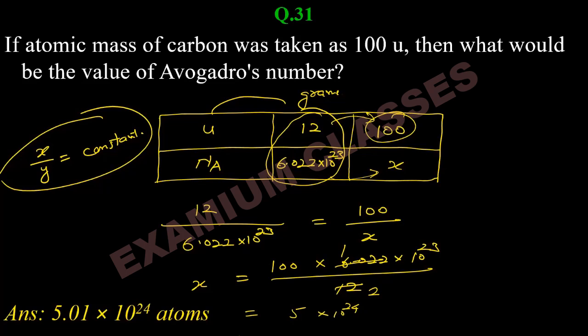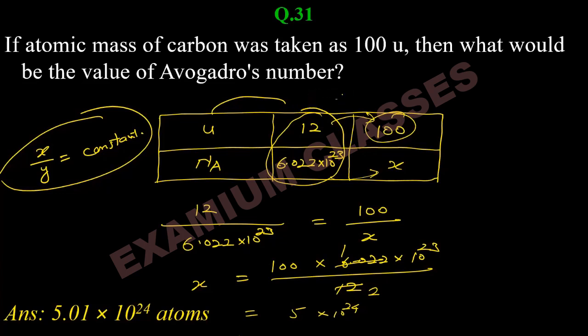We talked about that molar mass is nothing but atomic mass or molecular mass represented in grams. Atomic mass and molecular mass are represented in U. Those values, if I talk about only the absolute value, not the unit, when represented in grams will be equal to molar mass. So that's what I have taken here.